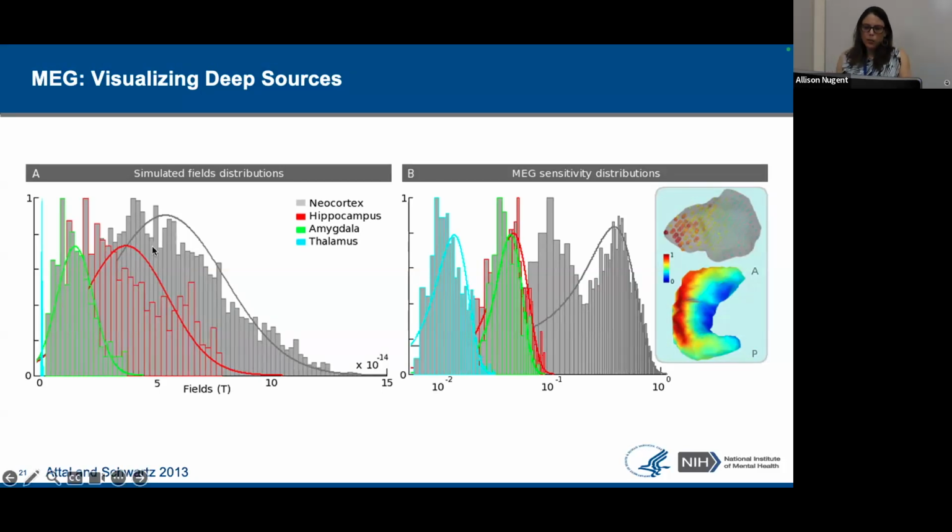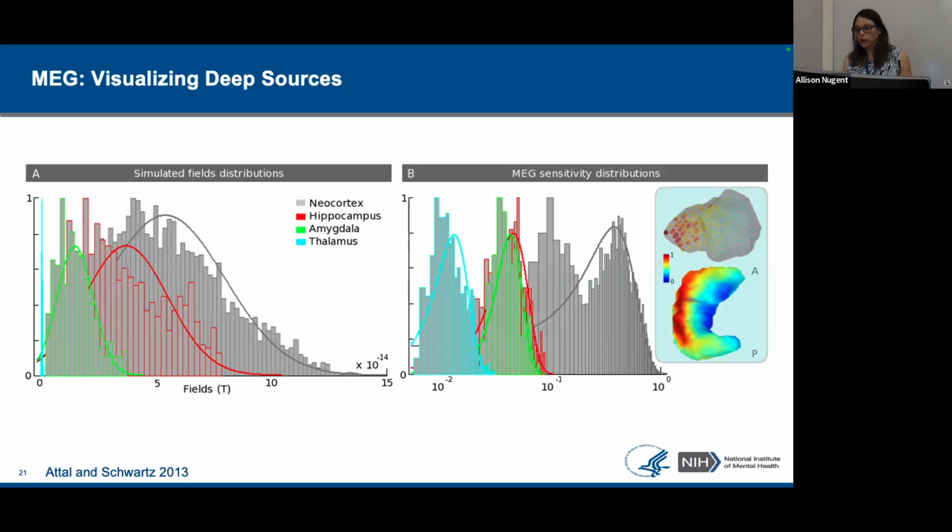On the left, we have simulated field distributions from the hippocampus, amygdala, and thalamus, as well as the neocortex. On the right, we have the MEG sensitivity to those sources. You can see that the sensitivity to the amygdala and hippocampus is only slightly less than that of the neocortex, and thus this really becomes a signal to noise problem.